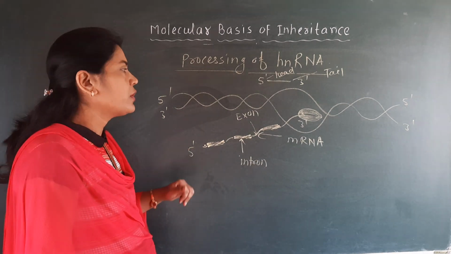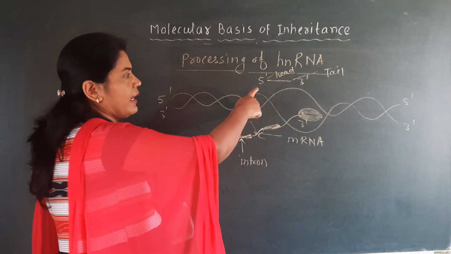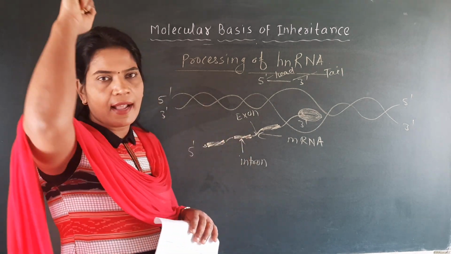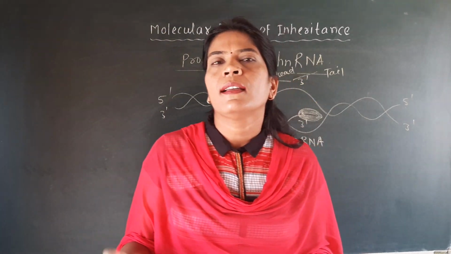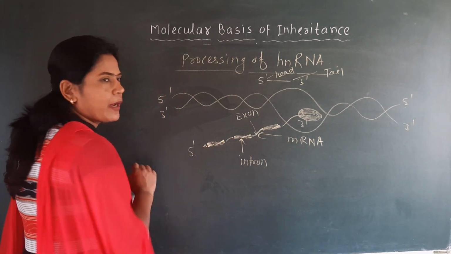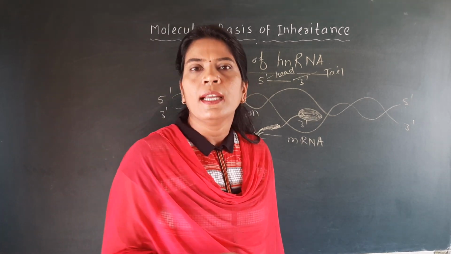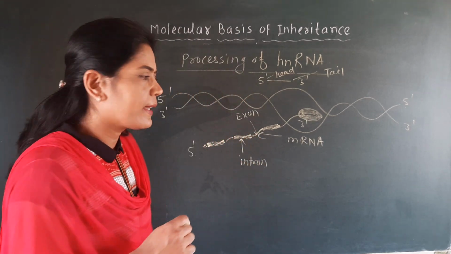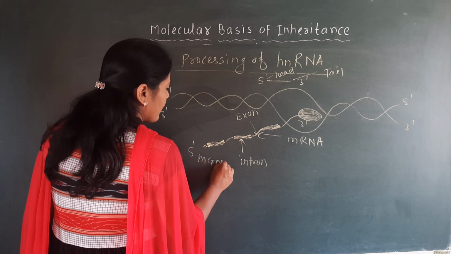So the first process in this processing is that at the head we always add the cap. At the 5' end of this newly formed RNA there will be capping, and capping means the addition of methyl guanosine triphosphate.